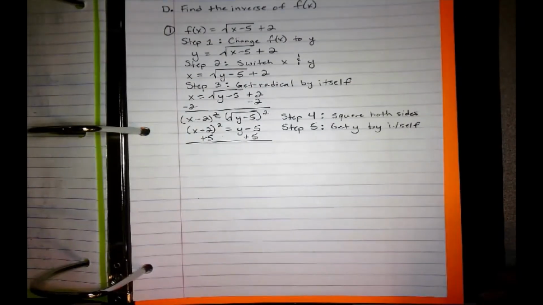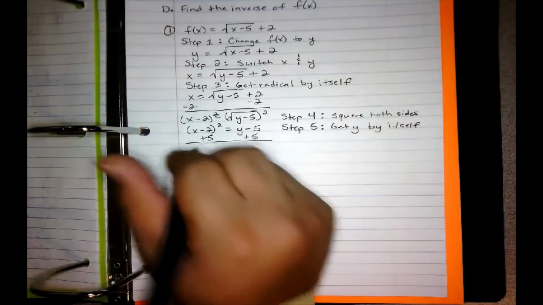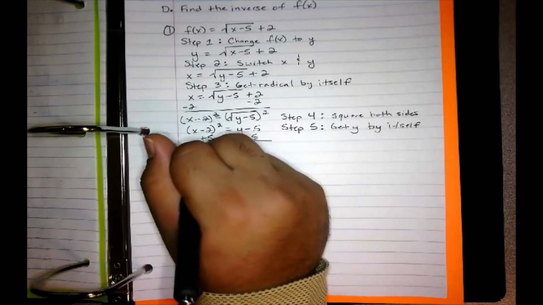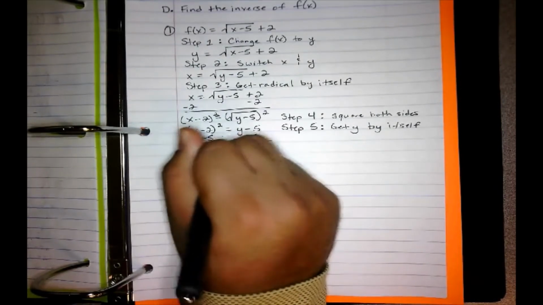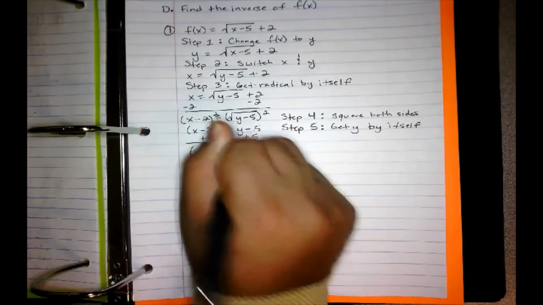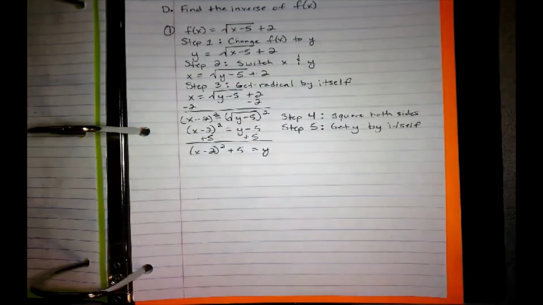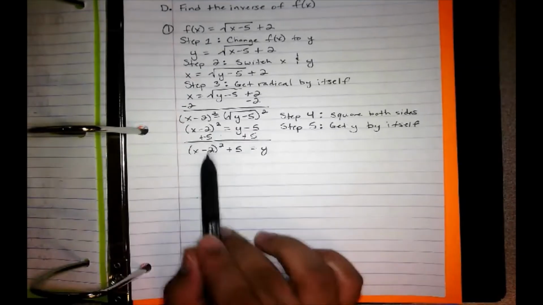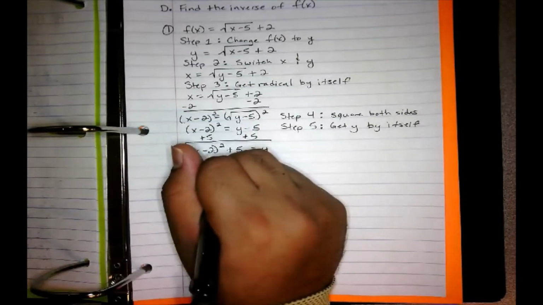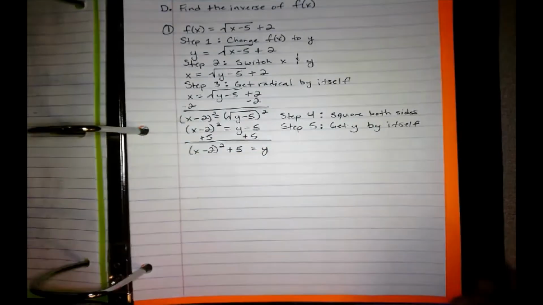I add 5 to both sides, so I'm left with x minus 2 squared plus 5 equals y. And that would be my inverse. If you really want to, you can flip them around. That's really up to you.